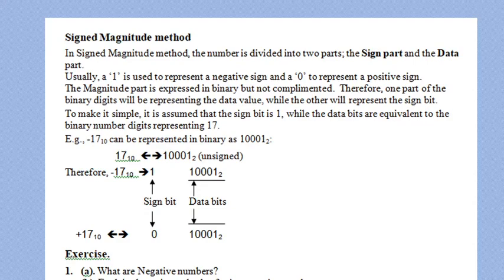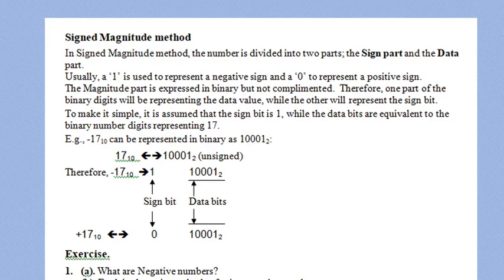For example, negative 17 can be represented in binary as shown there. When it is unsigned, it looks like that: 1, 0, 0, 0, 1. And when we add the number 1 as shown there, it indicates that the number is negative.